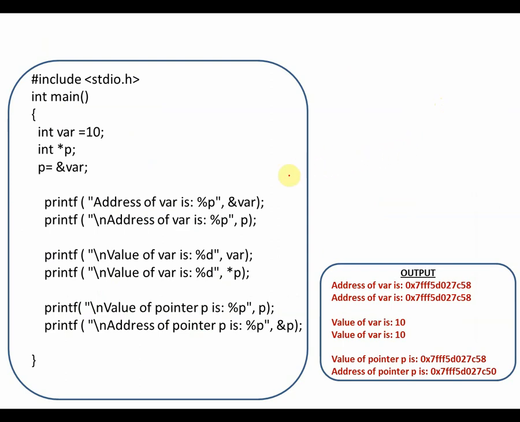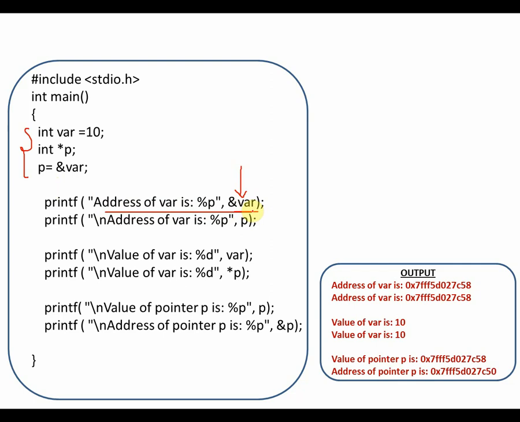The next thing is one sample code which will print various things. I have taken the same lines again, just to show you all the differences when we do printing, what all you can actually print onto the screen. First thing is, if we print something like this, what will happen is the address of the variable var will get printed.